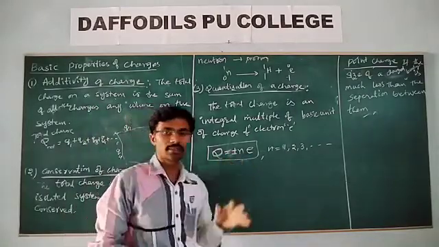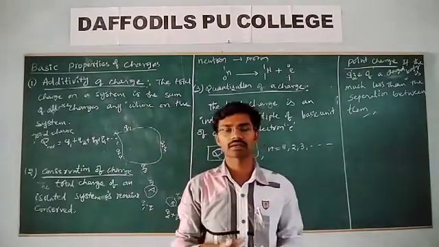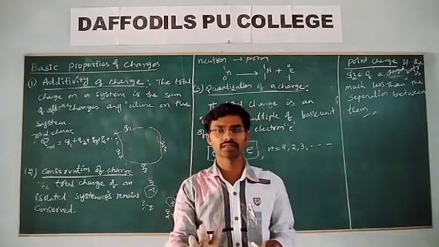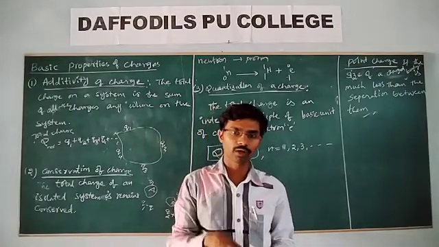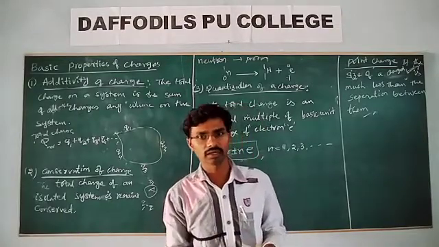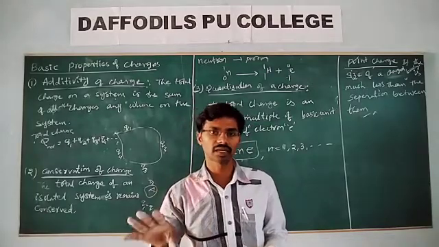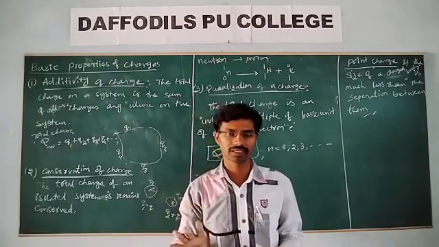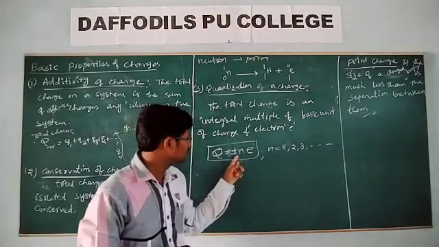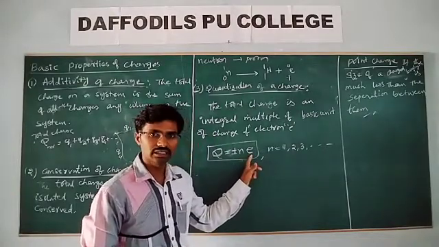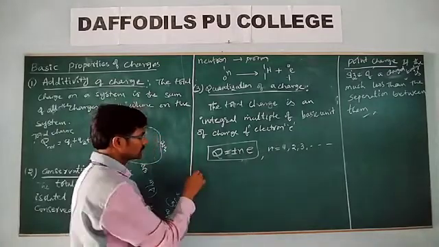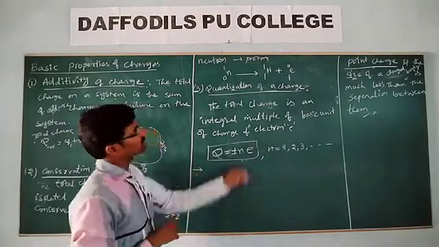That means 1 electron, 2 electrons, 3 electrons, 4 electrons, 100 electrons, like that we have. But not 1.5 electron, 3.5 electron or 12.5 electron, like that we cannot express. Total charge is nothing but integral multiples of the basic unit of the charge, which is denoted by E.